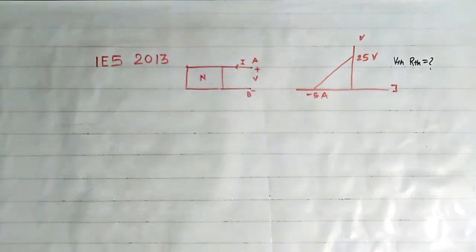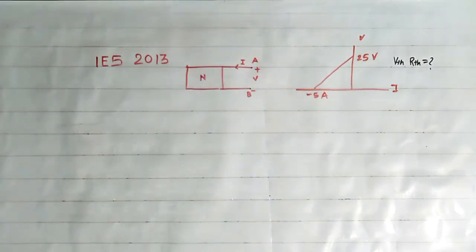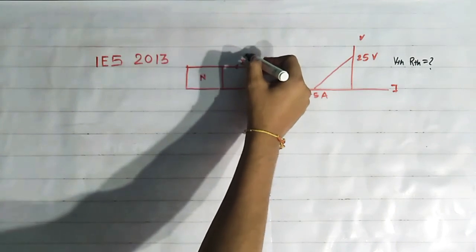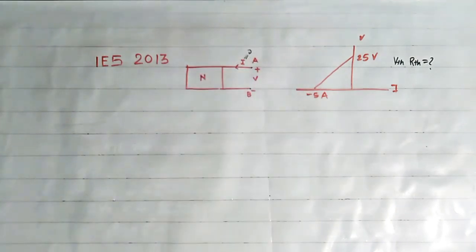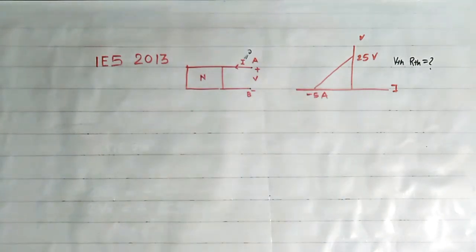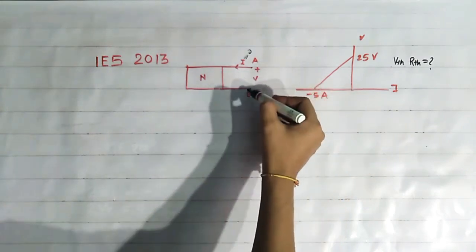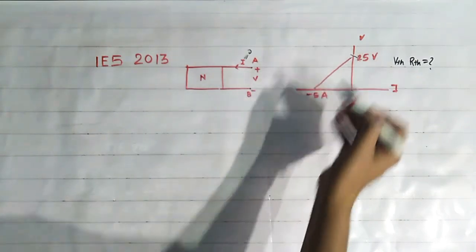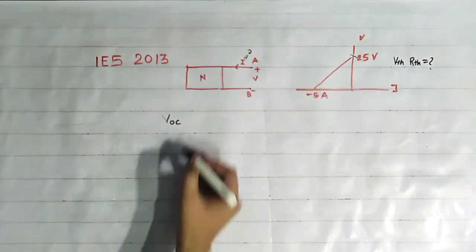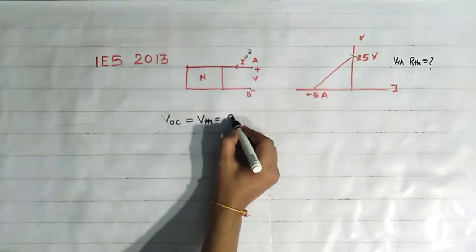It means it is the voltage across the terminal AB when these terminals are open. In that case I is equal to 0. From the characteristic we can see that when current I is equal to 0, the voltage across terminal AB is 25 volt. It means VOC, that is open circuit voltage, is equal to VTH is equal to 25 volt.